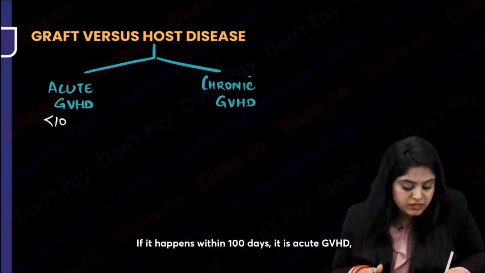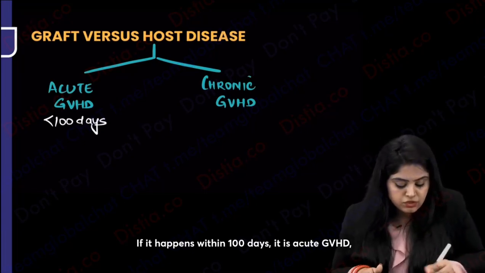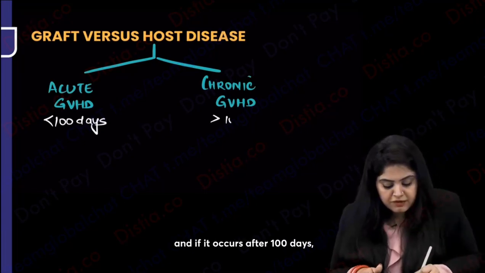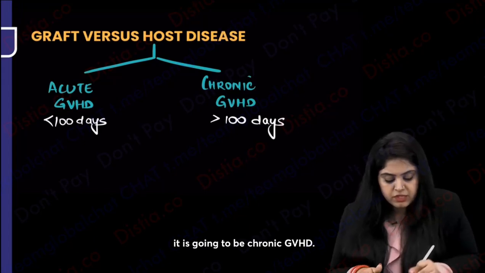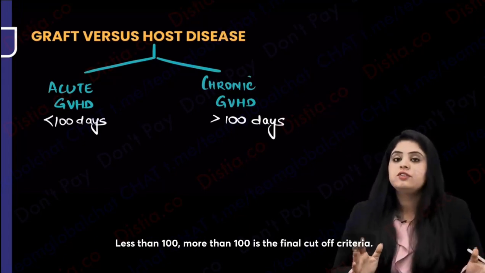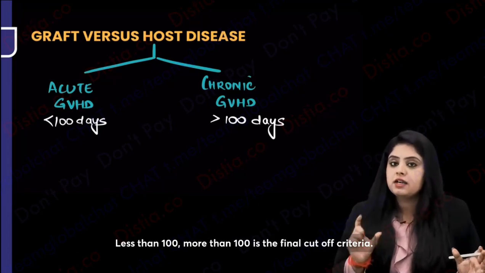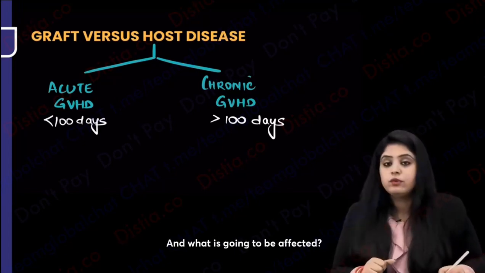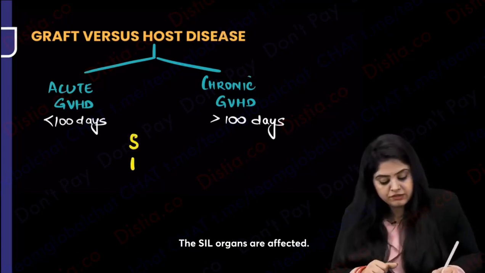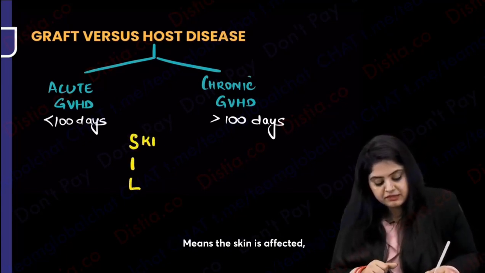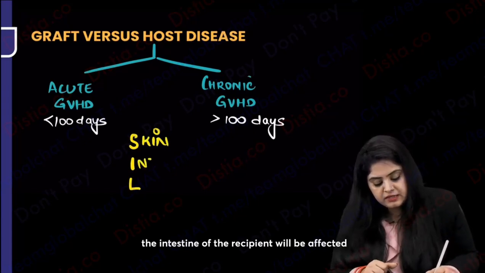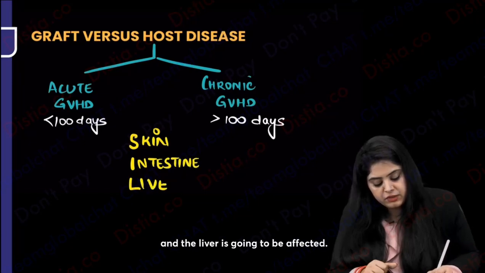If it happens within 100 days, it is acute GVHD. And if it occurs after 100 days, it is going to be chronic GVHD. Less than 100, more than 100 is the final cutoff criteria. And what is going to be affected? Three organs are affected. The skin is affected, the intestine of the recipient will be affected, and the liver is going to be affected.